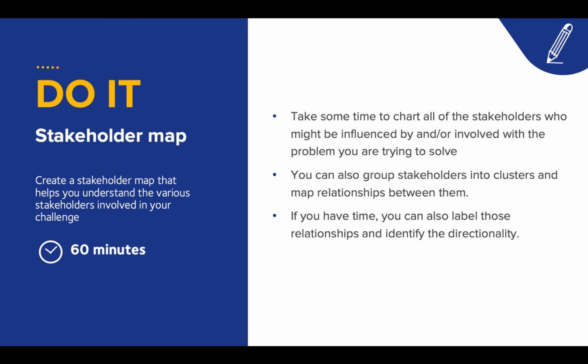And then you will start to group these stakeholders into clusters, and you will start to draw some arrows and map some relationships between them. And if you have time, you can also label those relationships and identify the directionality.